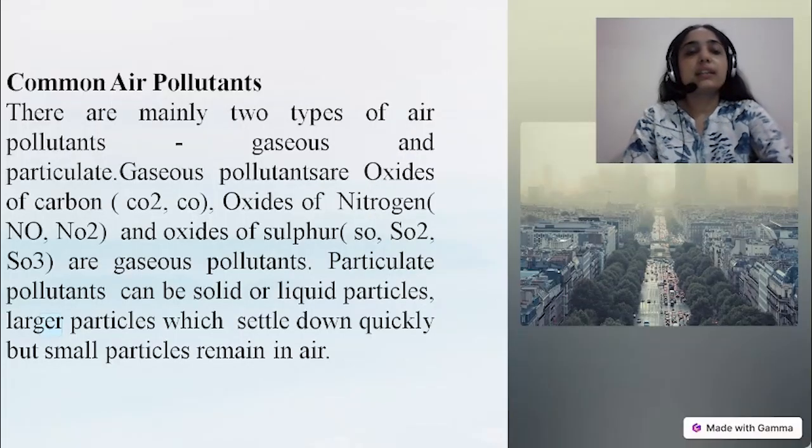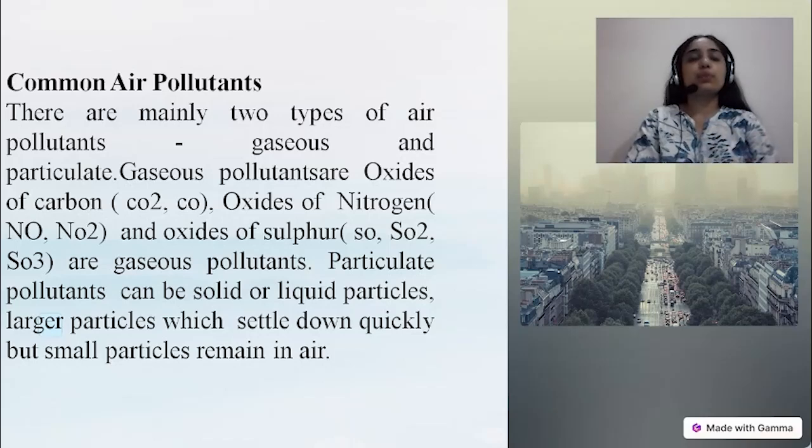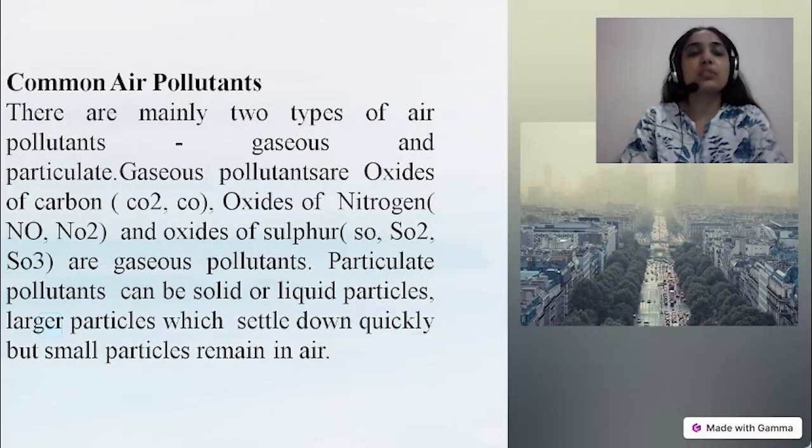Now, these are some of the common air pollutants. There are mainly two types of pollutants: gaseous and particulate. Gaseous pollutants are oxides of carbon, oxides of nitrogen, and oxides of sulfur, which are present in the form of gas.